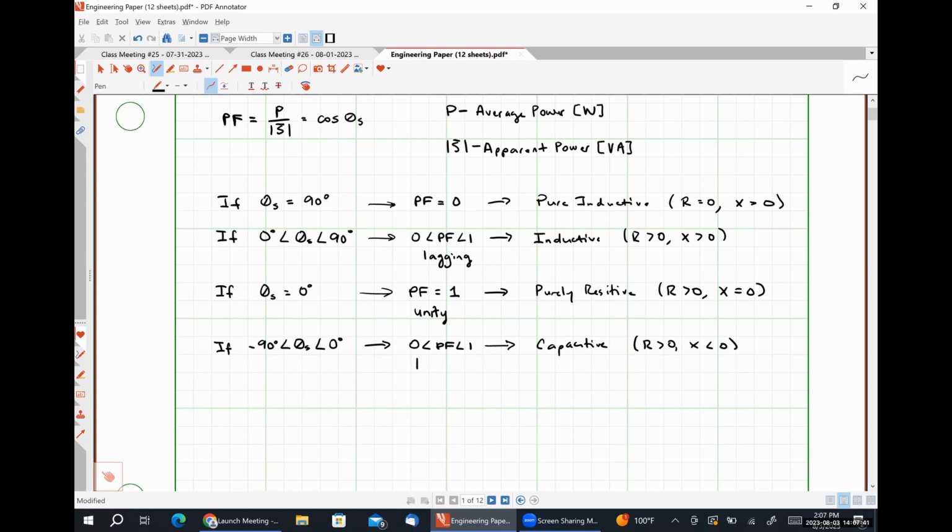We call this situation a leading power factor because the current phase angle leads the voltage phase angle.